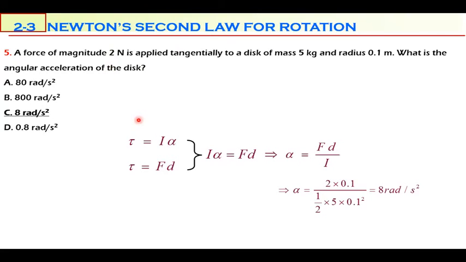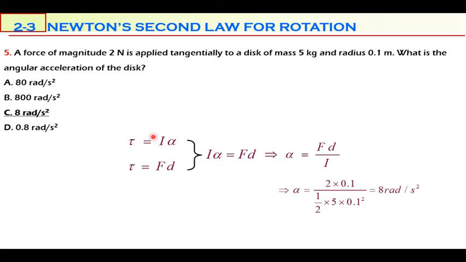If you apply a force tangent to a disk, this force produces a torque, and we calculate that torque by the equation: force times distance to the axis of rotation, or force times lever arm or moment arm. So we will calculate this torque first, but this torque will cause the disk to gain some angular acceleration.